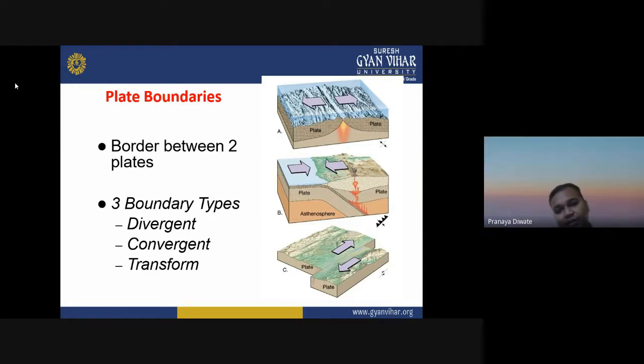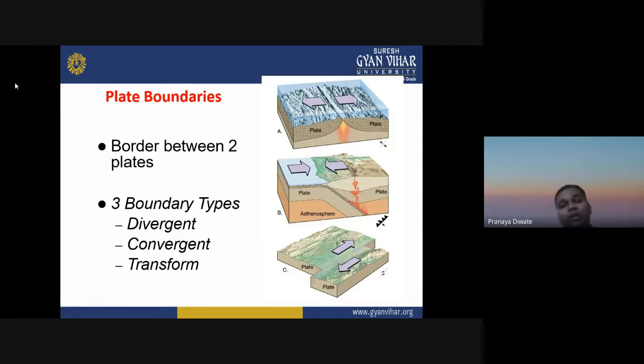When these two plates get away from each other, this is known as the divergent plate boundary. When these two plates come together, that is known as the convergent boundary. And when these two plates move relative to each other, that is known as the transform plate boundary. So this is how the different plate boundaries are.